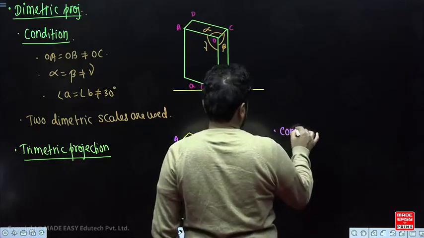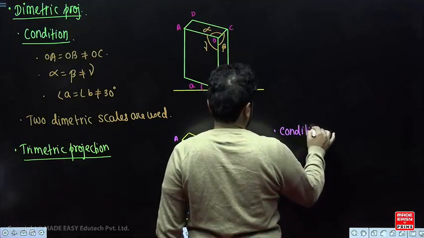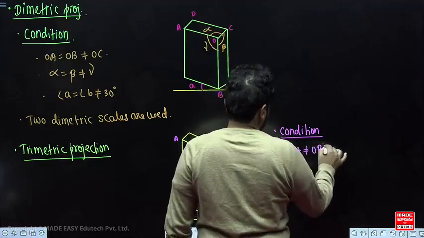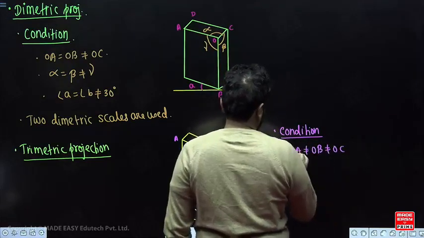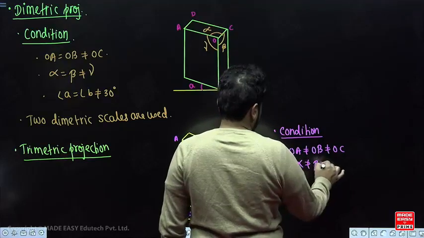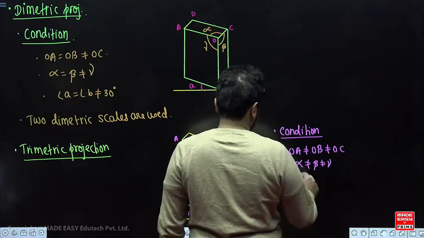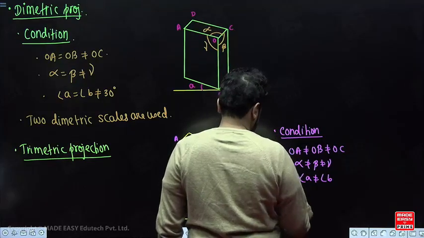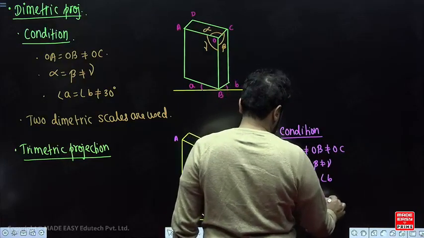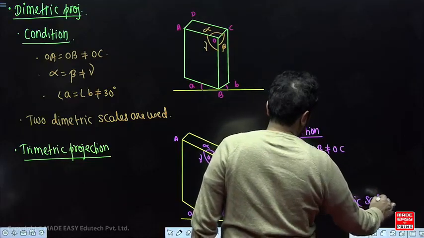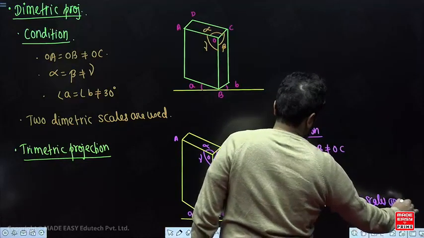Condition: OA not equal to OB not equal to OC, alpha not equal to beta not equal to gamma, angle A not equal to angle B. Three trimetric scales are used.